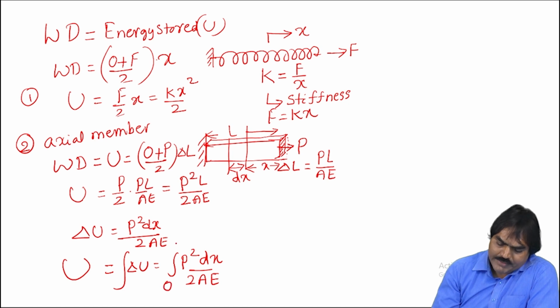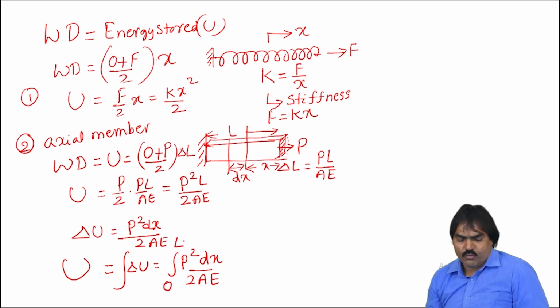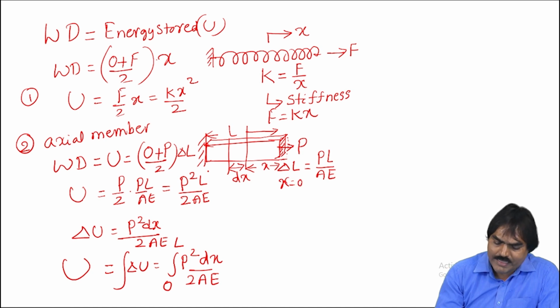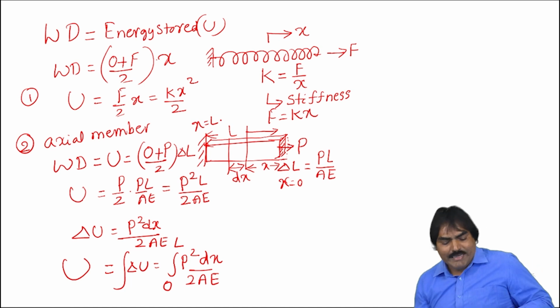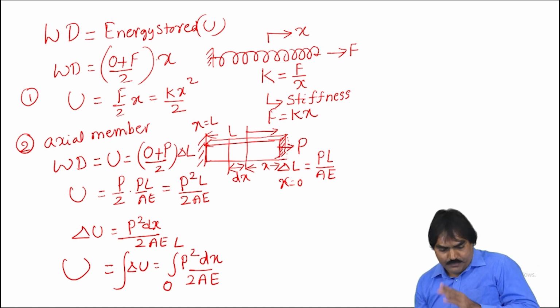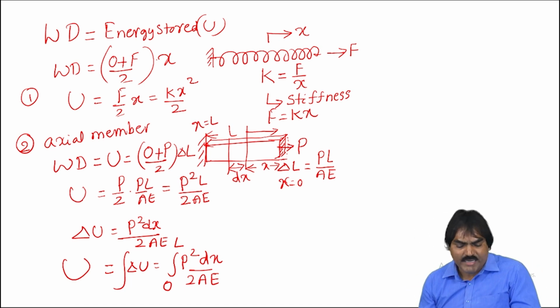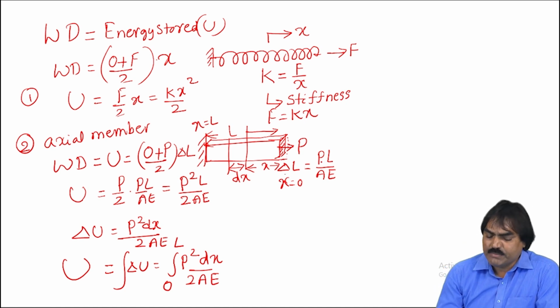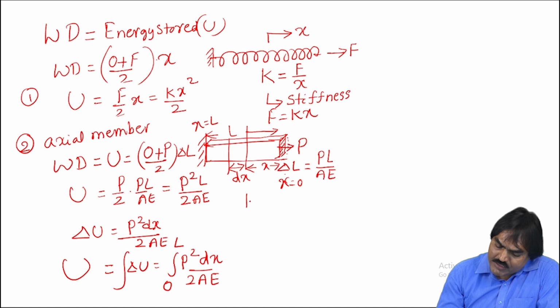So total energy means integrate from 0 to L, because here x is equal to 0 and here x is equal to L. So that now we'll get the total energy stored in the structure: integral of P square dx by 2AE. Okay. See, if this is the displacement, then what is the stiffness of this member?